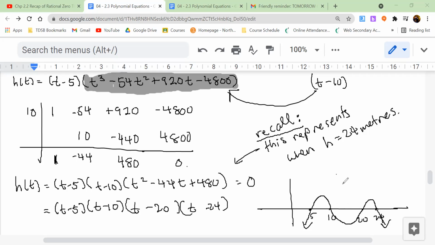When this function equals 0, it's actually like saying this function hits 24. Remember in the original, the function equaled 24. So I want to know when it equals 24, which is right there. So it equals 24 at 4.